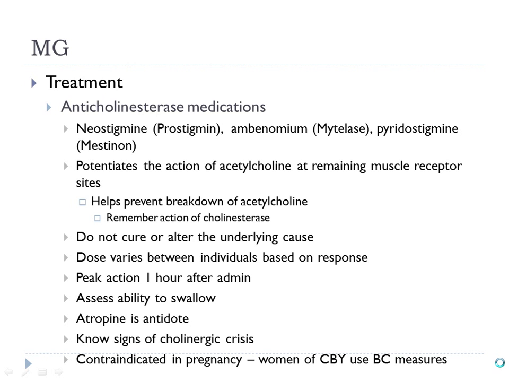After these medications are given, the patient will have a peak effect in about an hour. So you would give the medication and then have the patient eat about an hour later to reduce the risk of aspiration during eating. An hour after giving this medication, the patient's going to have a nice improvement in their manifestations.